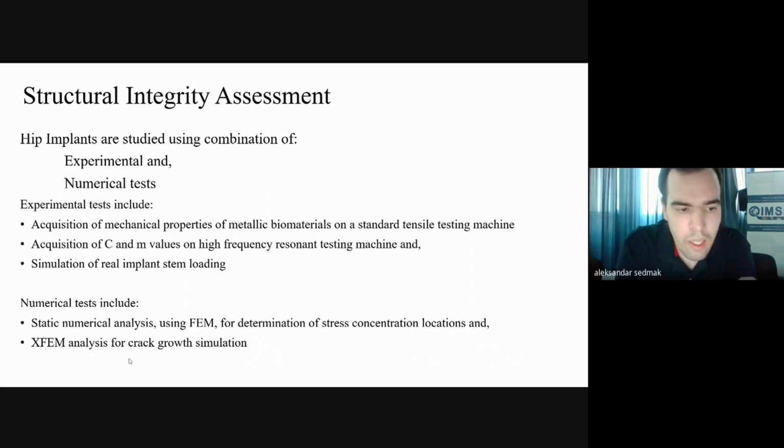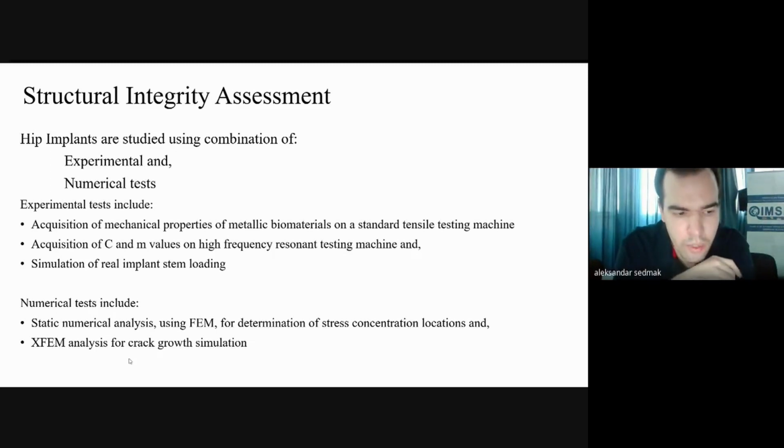Then the next step is the acquisition of Paris law parameters, C and M in particular, which you attain on a high frequency resonant testing machine. And last but not least is the simulation of real implant stem loading, when you actually assess fracture in an experimental test.